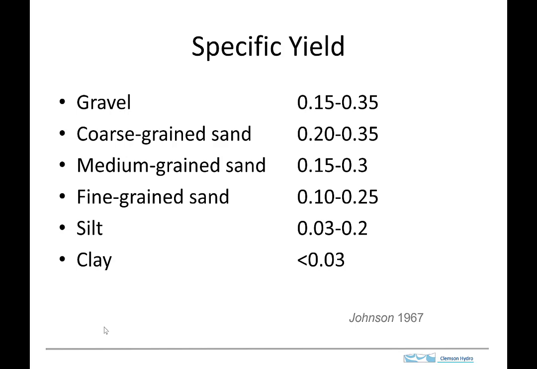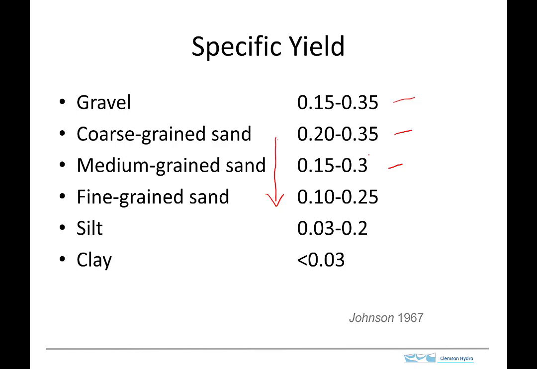Here are some typical values of specific yield. You can see for gravel, the specific yield is quite similar to the porosity. The specific retention is very small, and so when we drain gravel by gravity, almost all the water drains out. For coarse sand and medium grain sand, the specific yield is similar to the porosity, but as the grain size is reduced, the specific yield becomes less than the porosity as more water is retained due to gravity drainage.